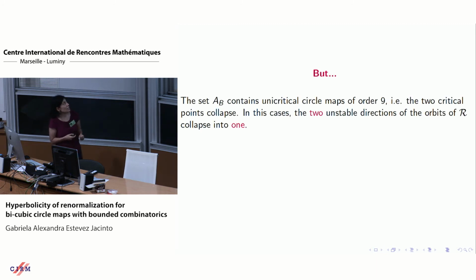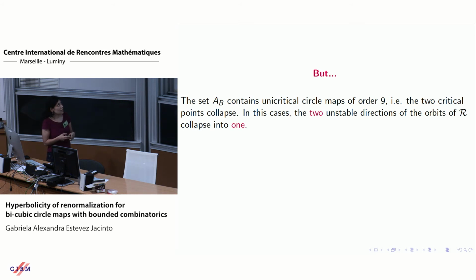The first one is that the set A_B can contain unicritical circle maps of order 9. That means that the two critical points collapse. So this is not happening in the case of Yampolsky.